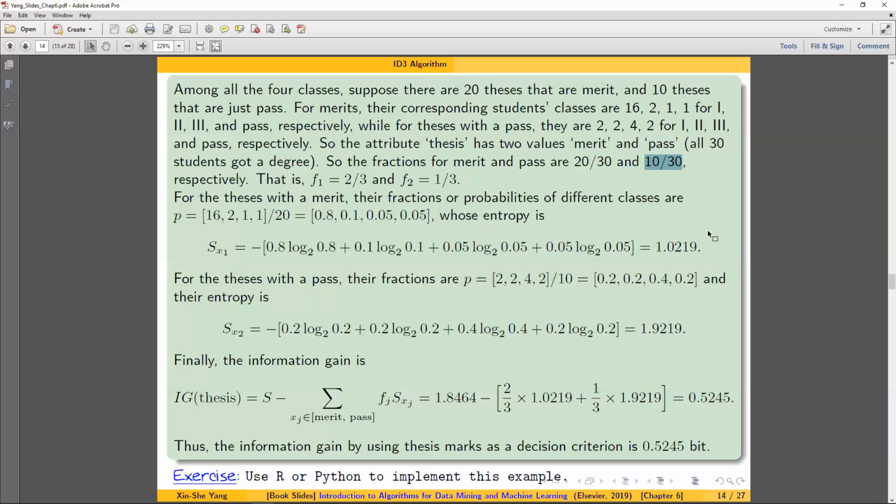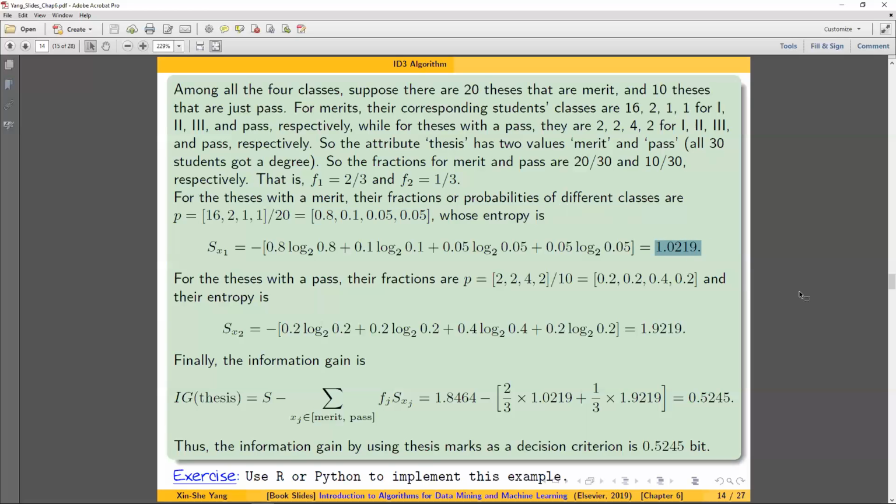For the 2 over 3 fraction for the merit, the corresponding fraction is 16 divided by 20, etc., with corresponding probability, so that we are able to calculate this entropy based on this specific attribute, which is the thesis marks, and it turns out to be 1.0219.